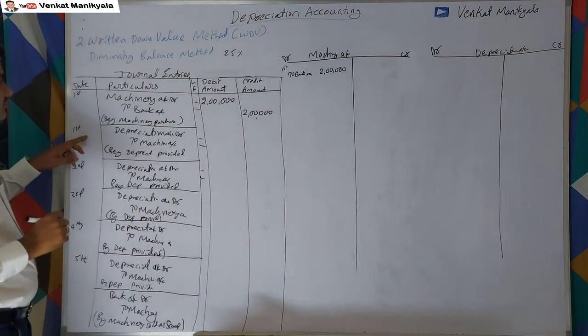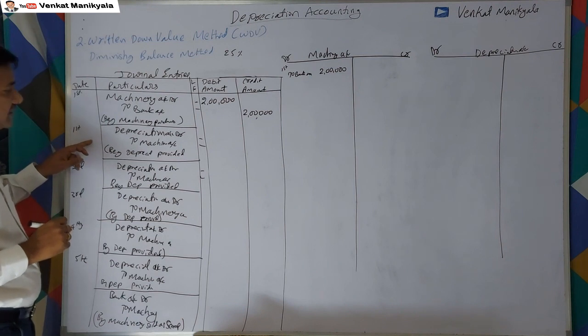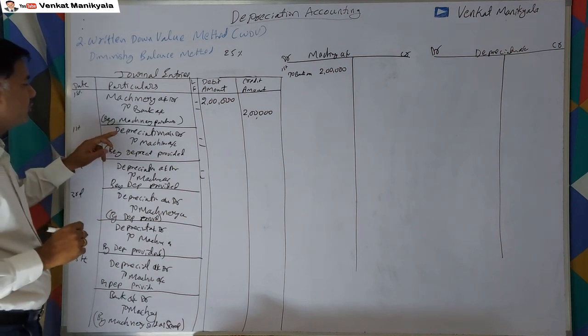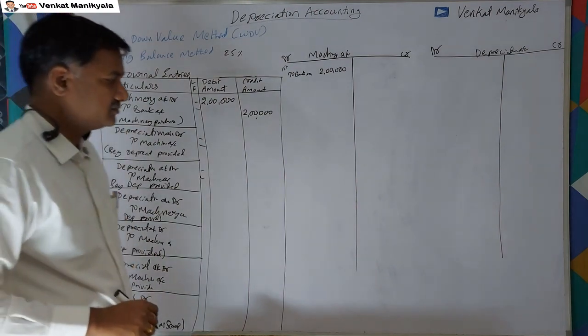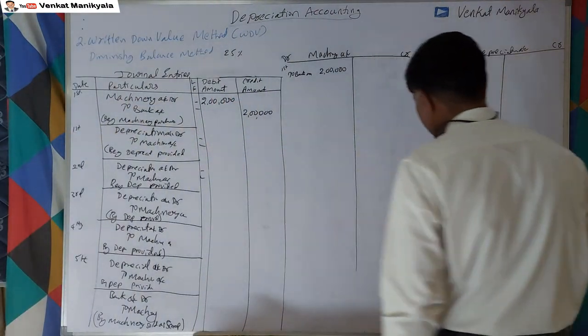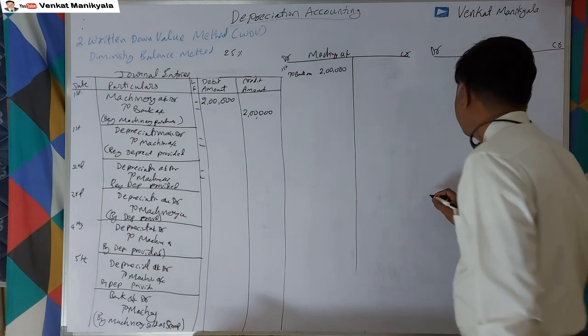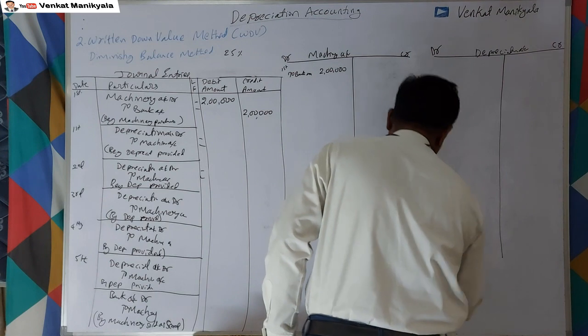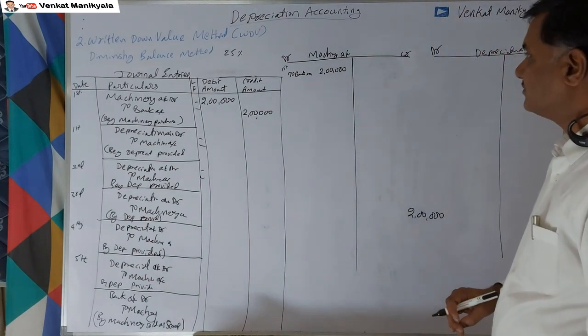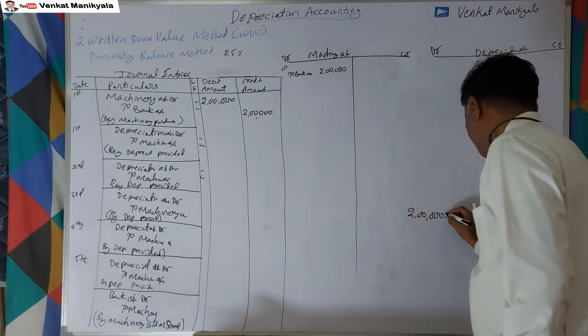And the second one is in the first year, at the end of the period, depreciation account debit to machinery account. How much is the depreciation? Machinery value is 2 lakhs, right?